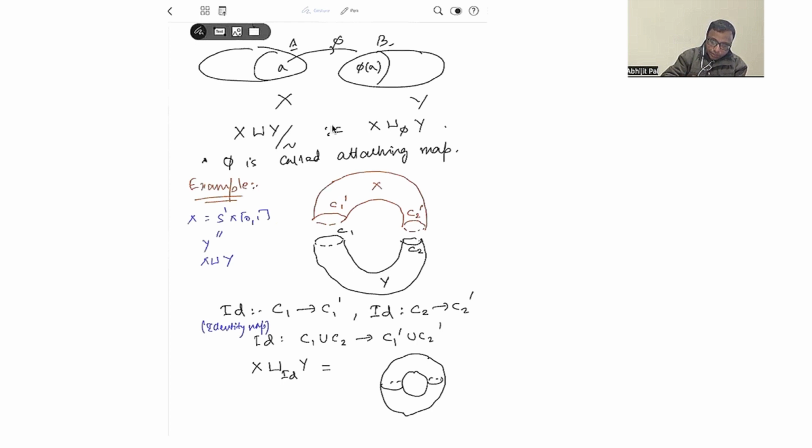This is the obvious way of doing this. Here is the picture. This is my space X, and this is my space A. We have a map from A to B, and that map is phi.